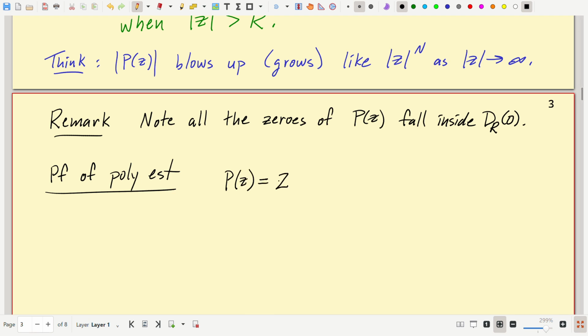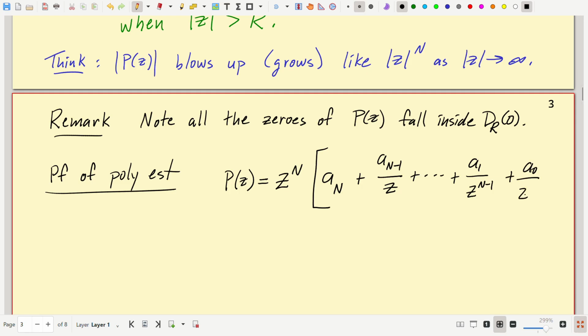So you get z to the n times a_n, just a constant, plus a_(n-1) over z, et cetera, down to a_1 over z to the n minus 1, and the last one, a_0 over z to the n.